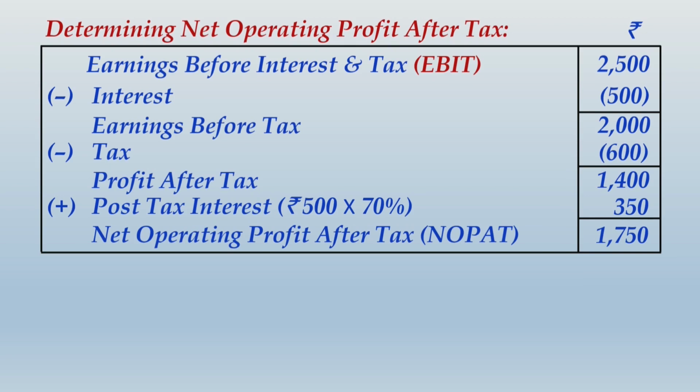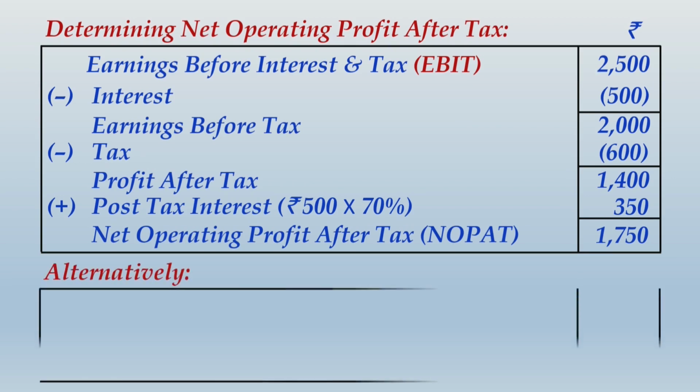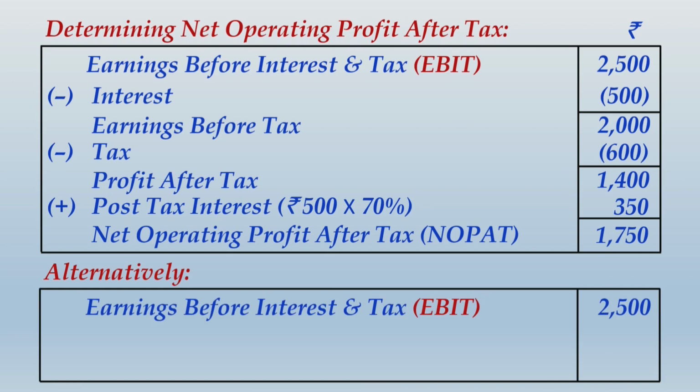And then we have discussed an alternative way of making this calculation, and this can simply be done by subtracting tax directly from EBIT. So what we are doing is we are again making the starting point as EBIT, and this time we will directly apply tax on EBIT.